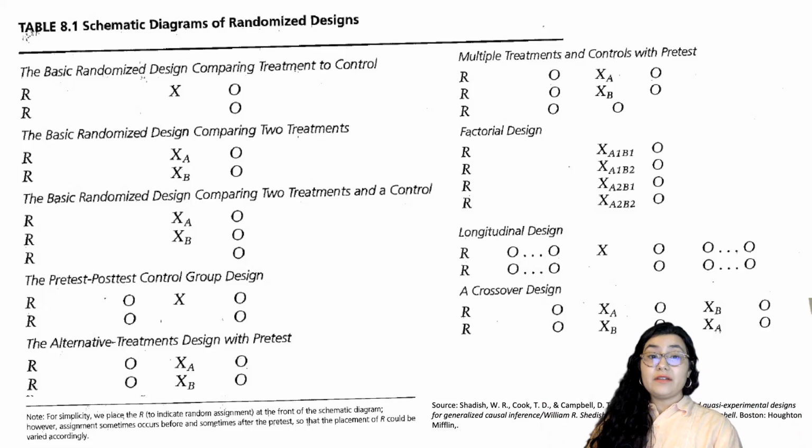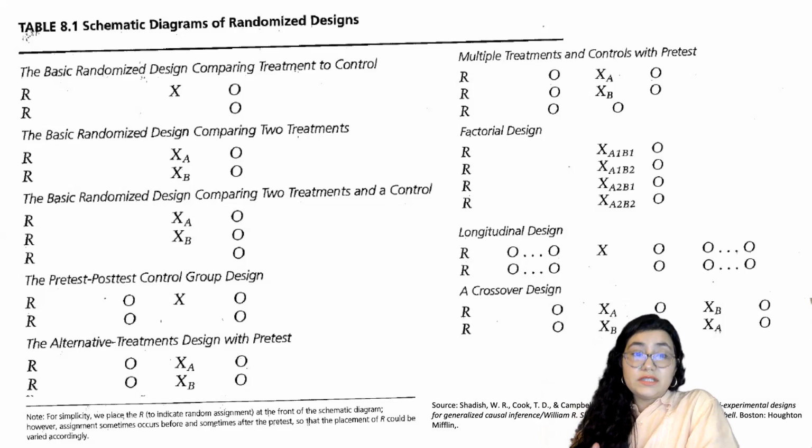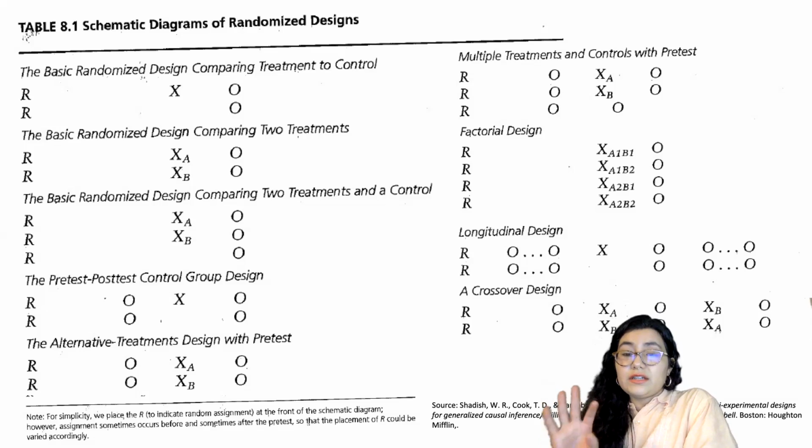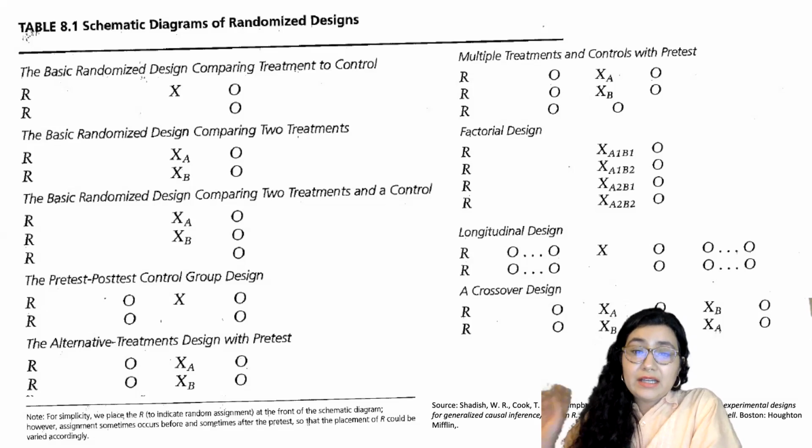And then we have the pre-test, post-test, and control group design. We see that our observations are multiple in this case. And then there's also the alternative design as well. All of these are just differences in the randomized control setting and in how many interventions we're instituting or how many observations we're doing.